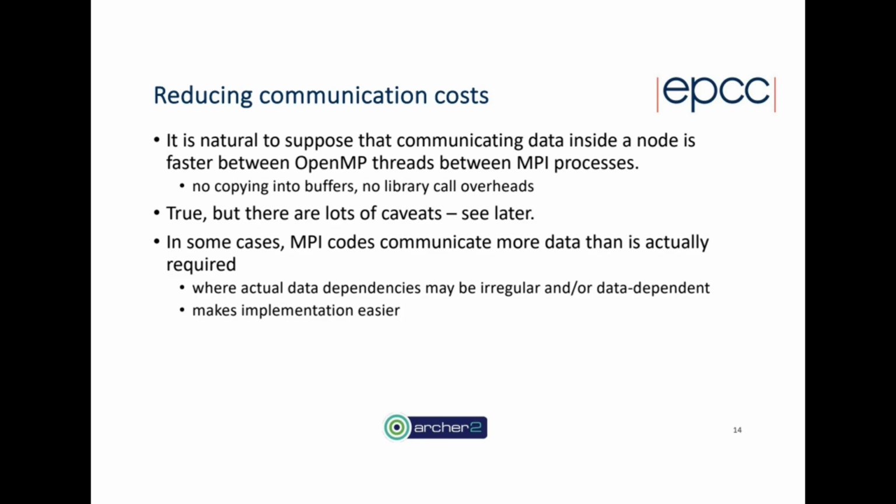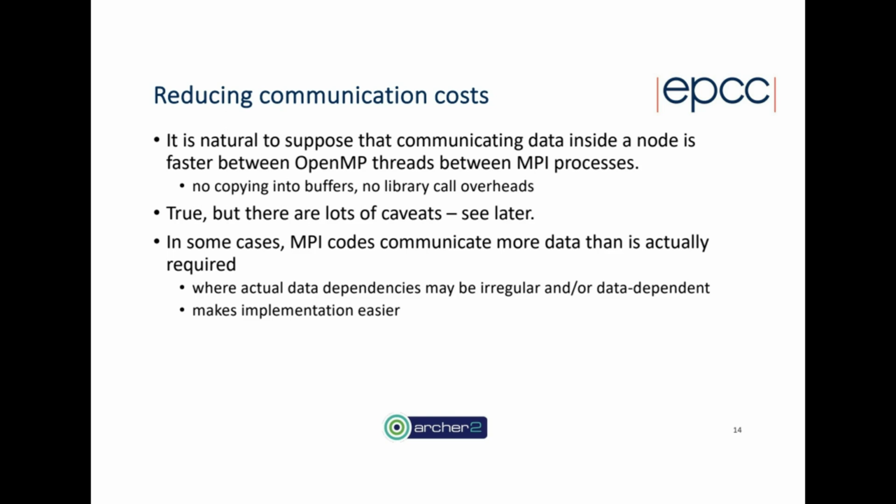However, in some cases, for convenience of programming and implementation, some MPI codes actually communicate more data than is actually required. And this typically happens where the actual data dependencies are irregular or themselves data dependent.